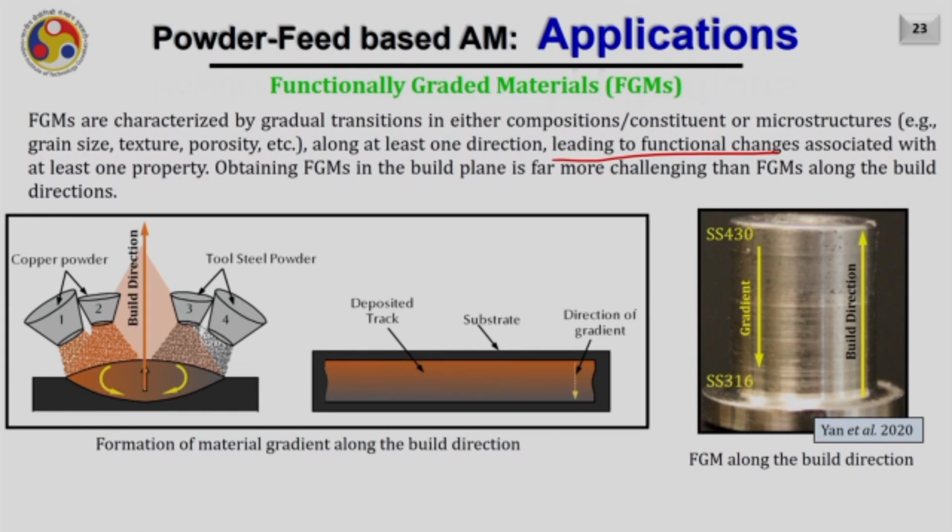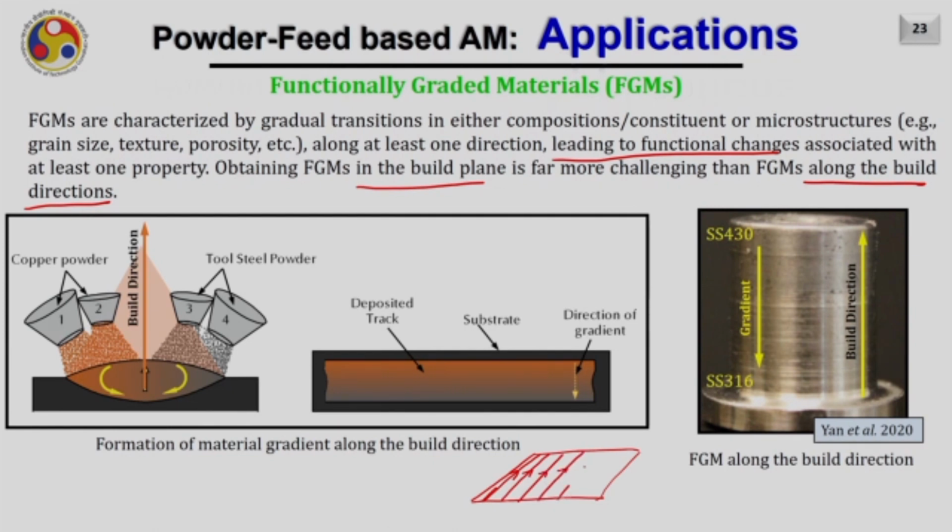So, obtaining the FGMs in the build plane is far more challenging than realization of FGM along the build direction. So, build plane means, for example, you are depositing in this plane and the entire area is filled by multiple passes. For example, this is pass 1, this is pass 2, this is pass 3, like this.